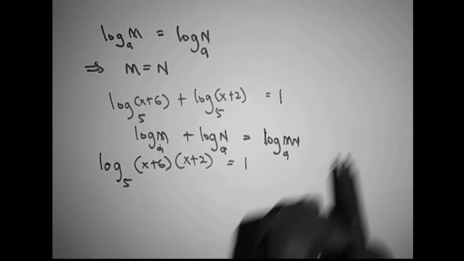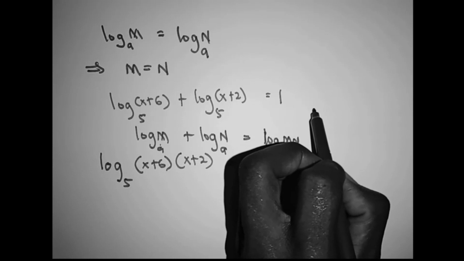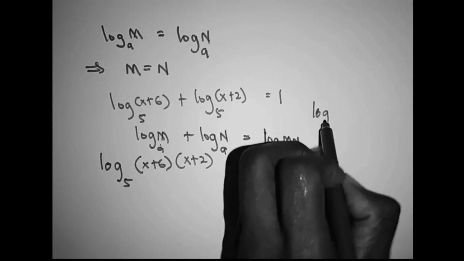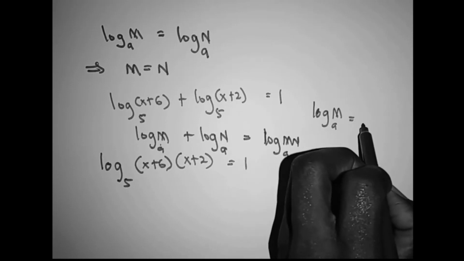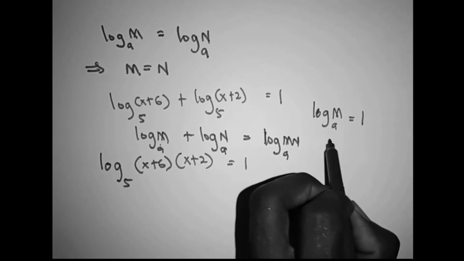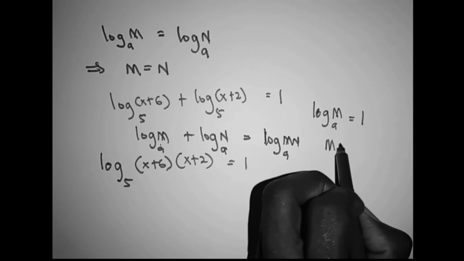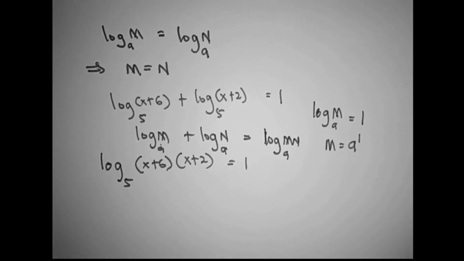Now, another property of logs: if we have log m base a equals 1, then it implies that m is equal to a exponent 1.